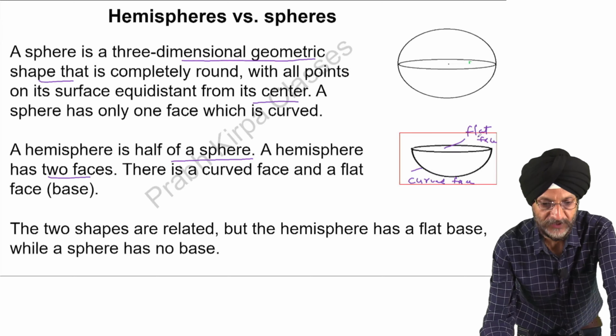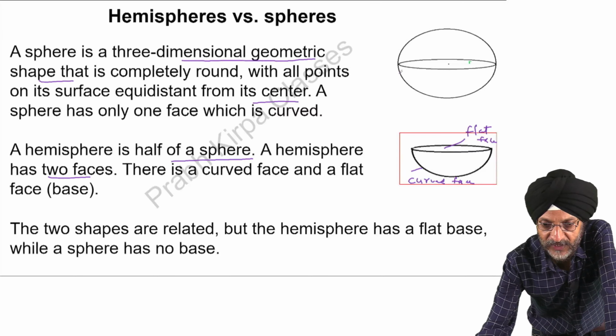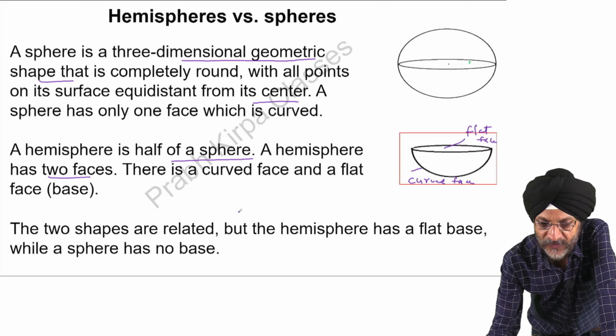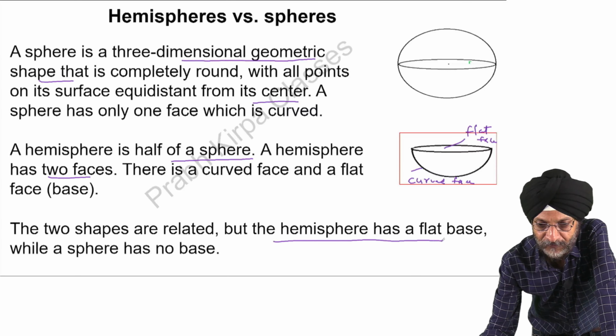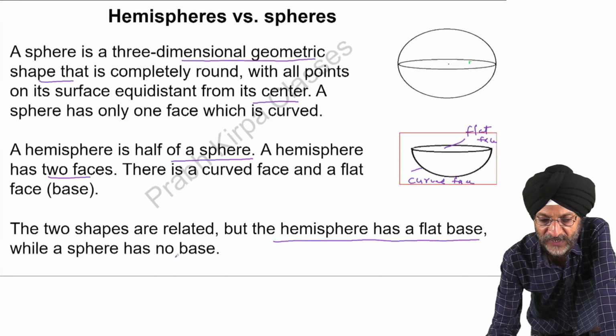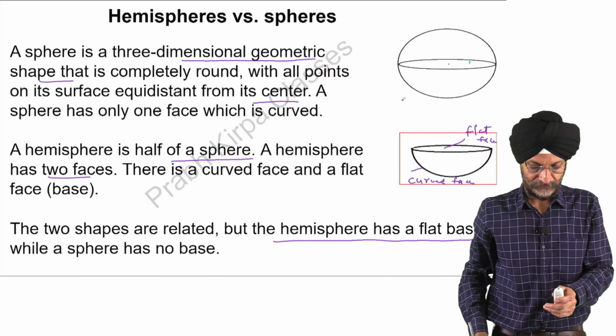The two shapes, the sphere as well as the hemisphere, are related to each other, but the hemisphere has a flat base whereas a sphere has no base.